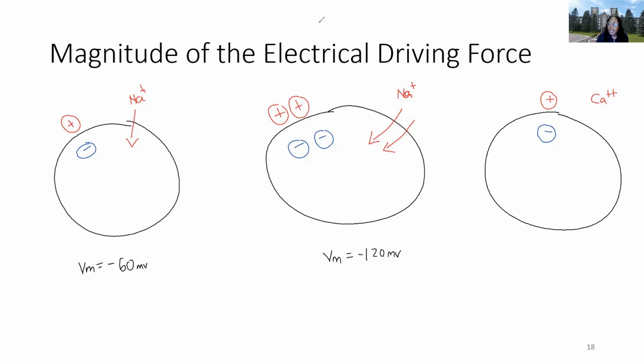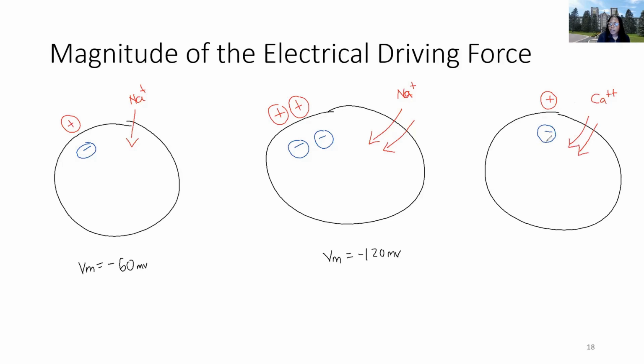And so the key here is, although the polarity of the cell is the same as in the first scenario, now we have two charges on our particle. And so that's going to double the magnitude of the electrical driving force. So just like we saw in scenario 2, calcium is going to really want to get into the cell, right?